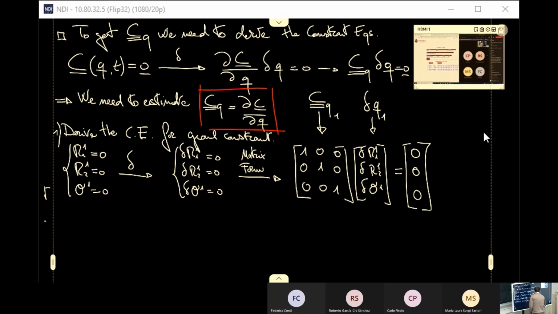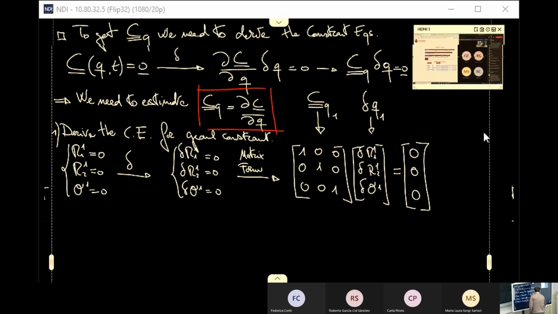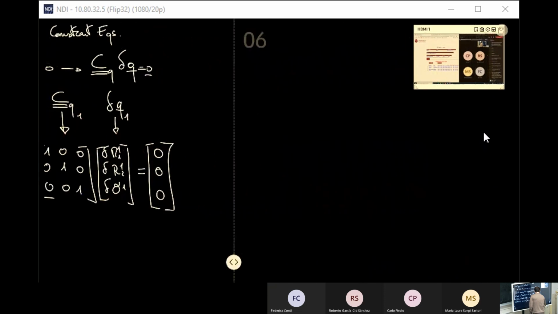So if you go through this for all the constraints, and then we assemble these Jacobians, which are given for each constraint, together, then we eventually come up with the Jacobian of the overall system. You see where I'm going. Okay, so let's do it.